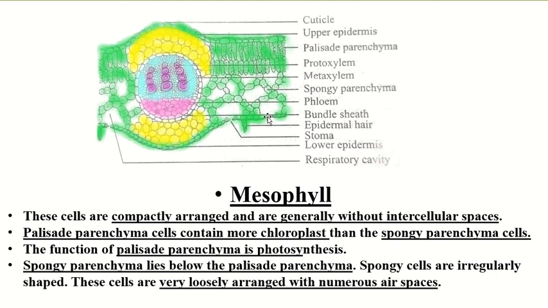The spongy parenchyma cells lie below the palisade parenchyma cells, and these cells are arranged irregularly when compared to the palisade parenchyma, and are very loosely arranged with numerous air spaces. In the picture you can find more air space in the spongy parenchyma cells when compared to the palisade parenchyma cells.